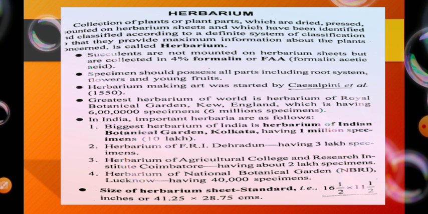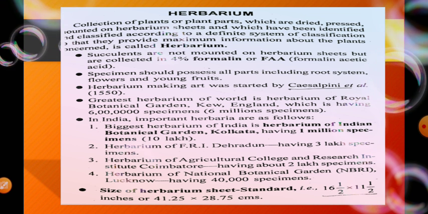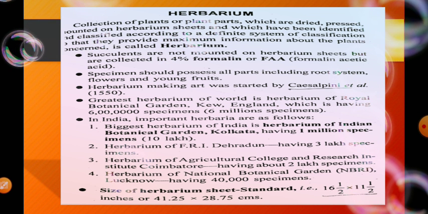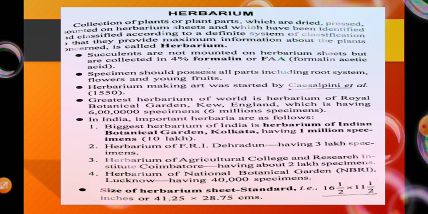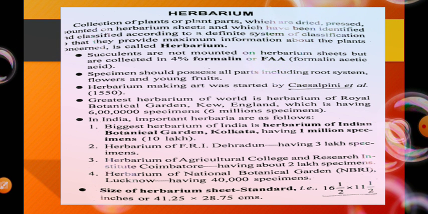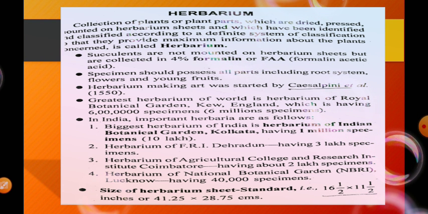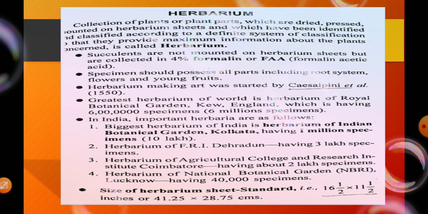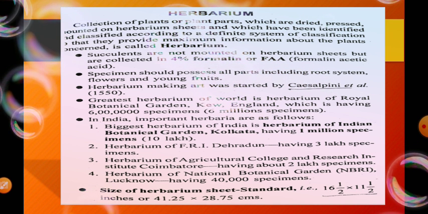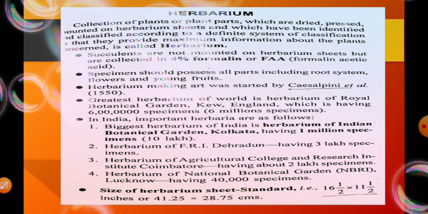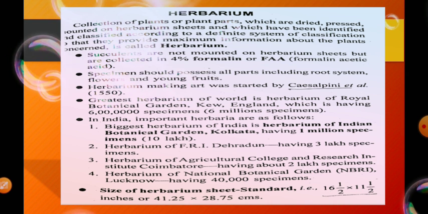Succulents are not mounted on the herbarium sheet, but are collected in 4% formalin or FAA, whose full form is formalin acetic acid. Whenever we collect plants or plant parts, we mount them, and then keep them in a place or store them for further study.